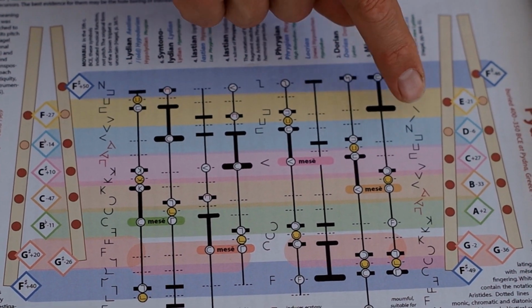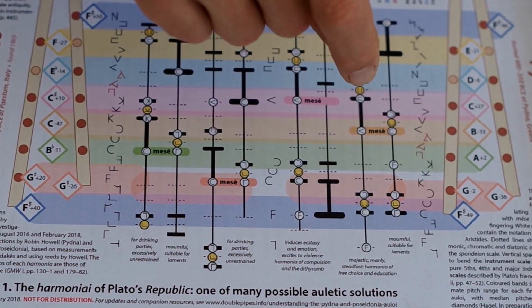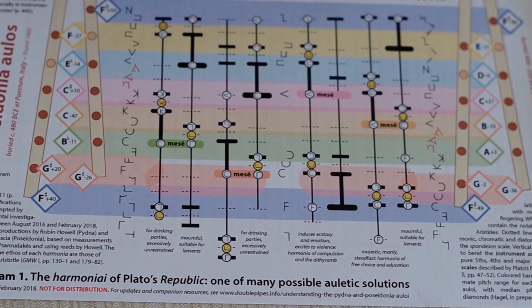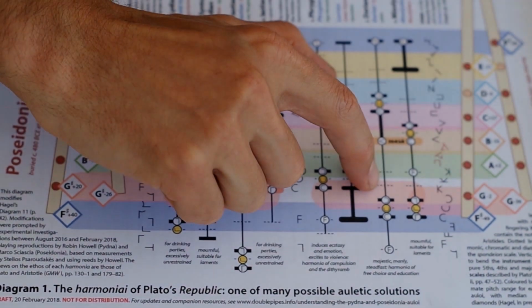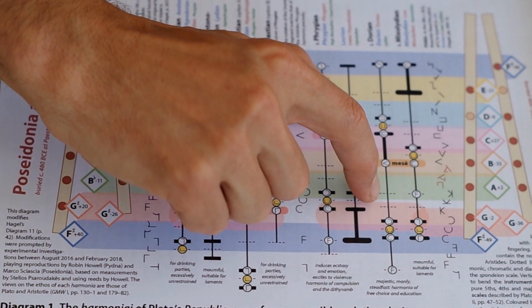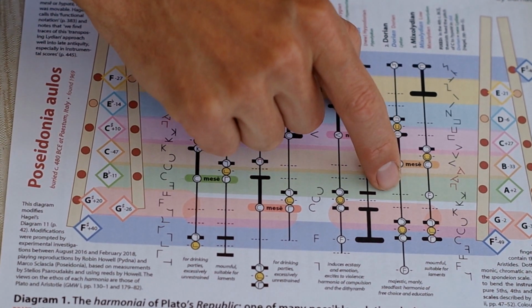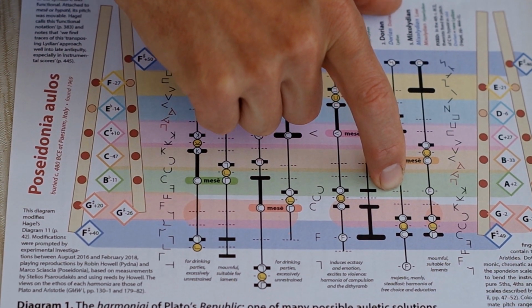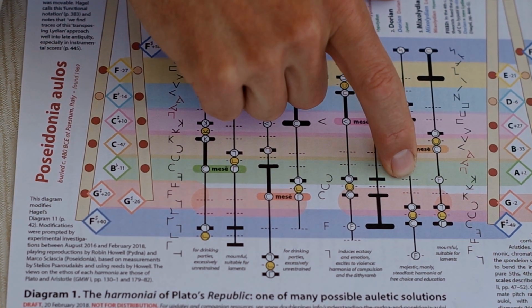And I have given solid bars to the enharmonic genus, and the dotted lines show notes that only occur in the chromatic and in the diatonic genus. So the higher dotted line is chromatic, and the higher dotted line is diatonic.